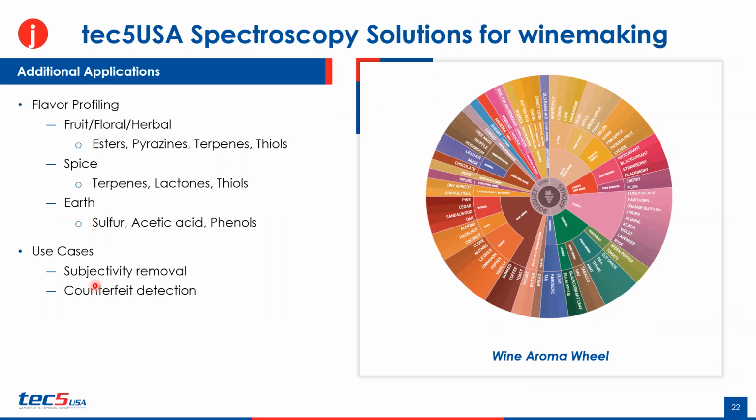An additional use case is counterfeit detection. Many of you might know, replacing certain wines with sweeteners or something to mask the flavor profile and try to pass it off as something else. But with spectroscopy, identifying these key parameters within the flavor profile can ultimately help with counterfeit detection in that case.